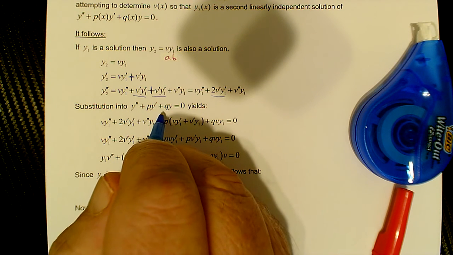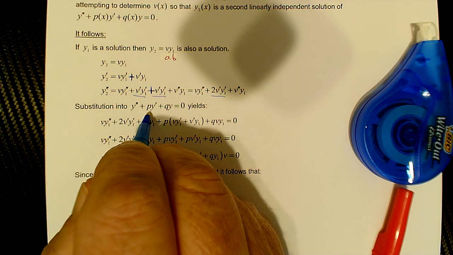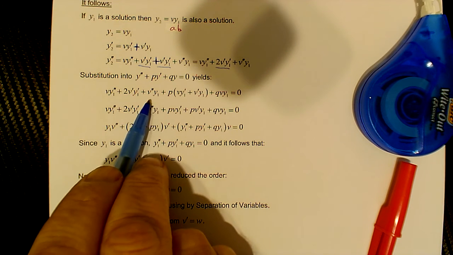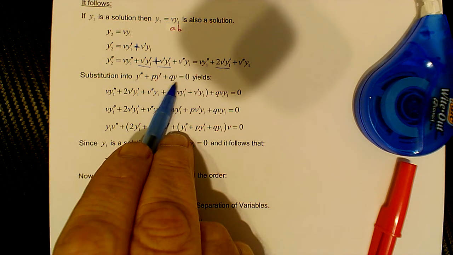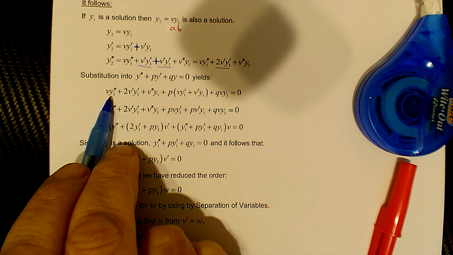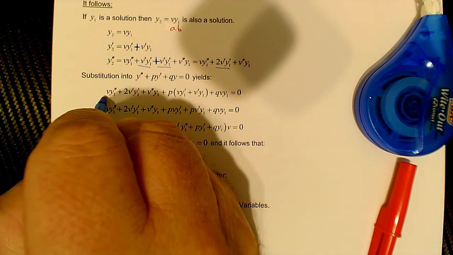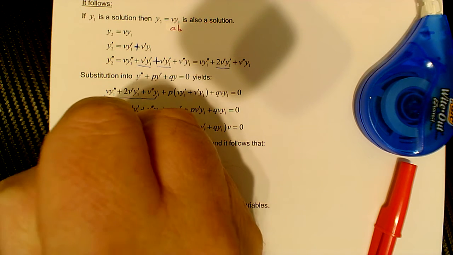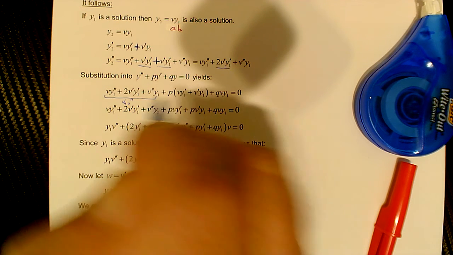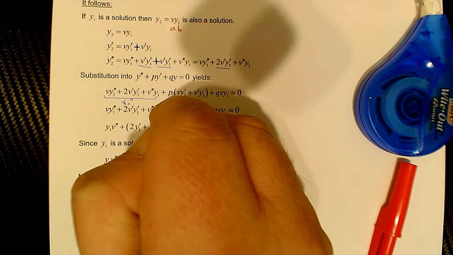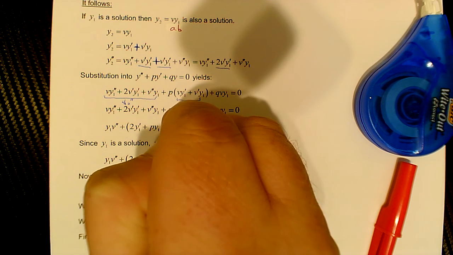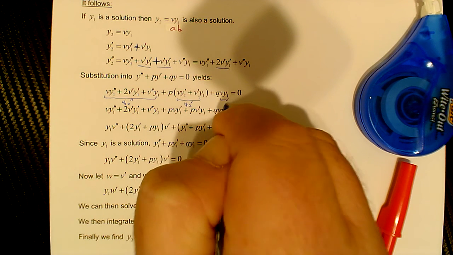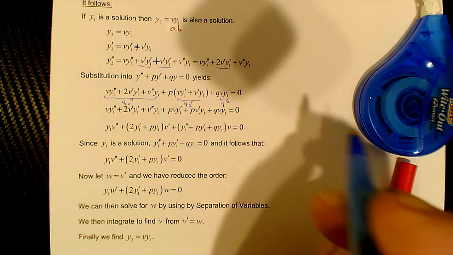Okay, so now if we substitute everything into the general equation, we'll get rid of the functional notation, and we'll just call it y double prime plus p y prime plus qy, where p and q are functions of x. Okay, these three terms are y2 double prime, this term y2 prime, and then we have the vy1, which is our y2.